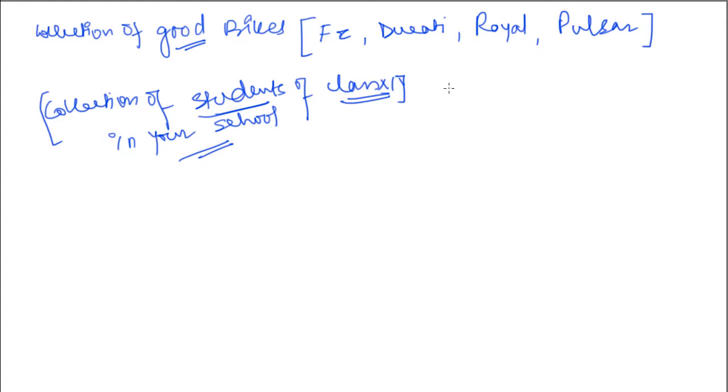I can write down the names of the students in my class in my school. So this is well defined because this would be same for everyone. Let's suppose if I write down collection of dangerous animals.